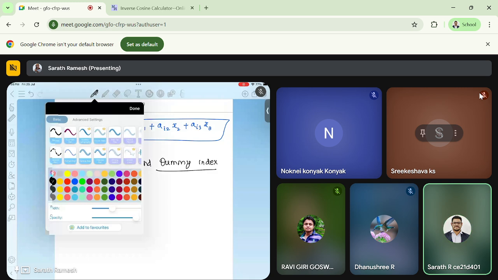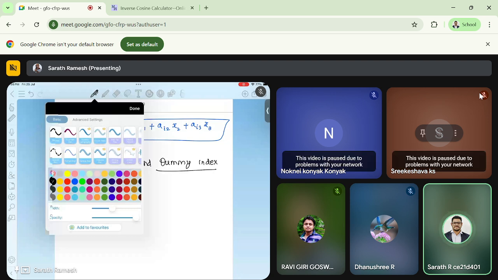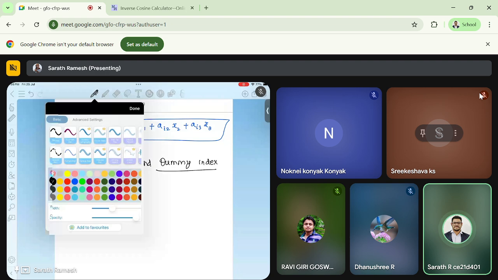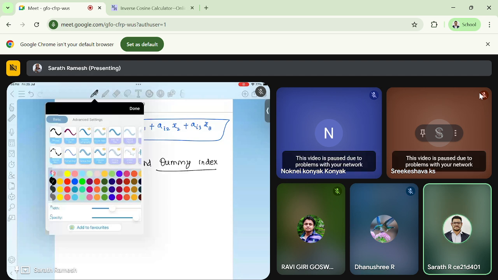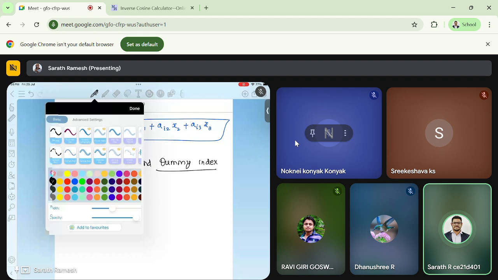The word dummy means you can replace it with any other alphabet. I can say this as a_ik x_k, or a_im x_m, all are meaning the same. So this index which repeats itself twice is called a dummy index.